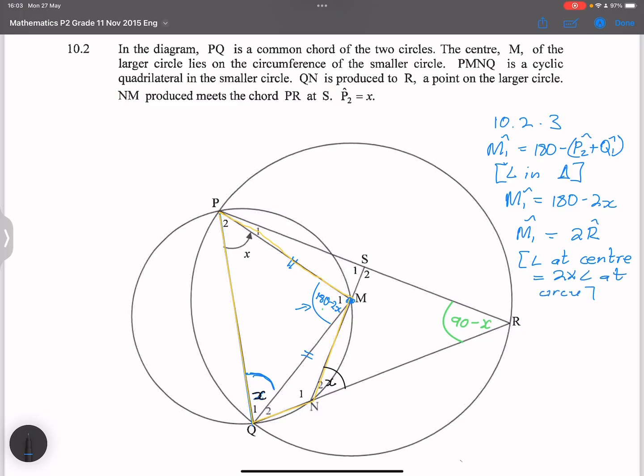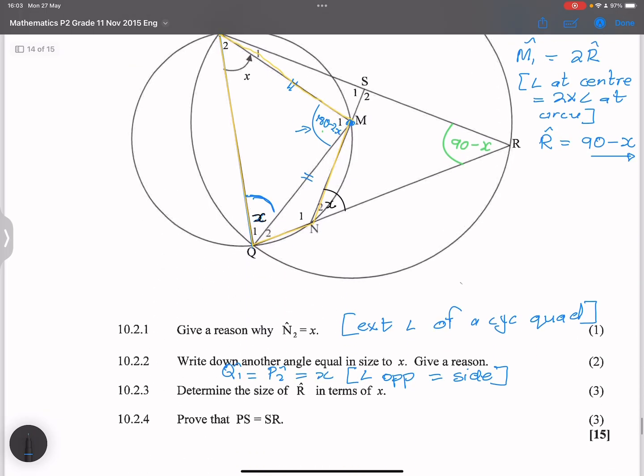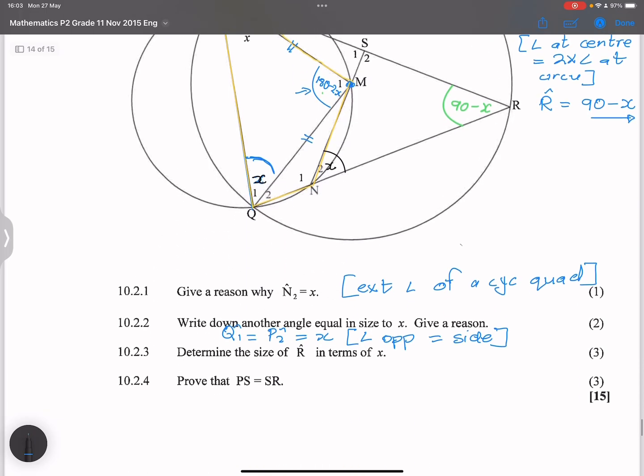Now that means that angle R will be M1 divided by 2, so 180 minus 2x divided by 2 will give us 90 minus x. And that's what we get for angle R. All right, so we found this one here, which is 90 minus x.